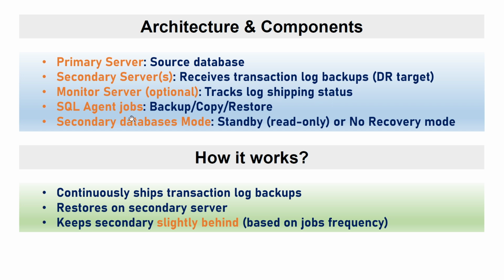You've got SQL Agent jobs, which are backup, copy, and restore. And you've got the secondary database mode, which can be either standby, which is a read-only mode, or no recovery mode. How this solution works: it continuously ships transaction log backups, restores them on the secondary server, and keeps the secondary slightly behind based on the job frequency.